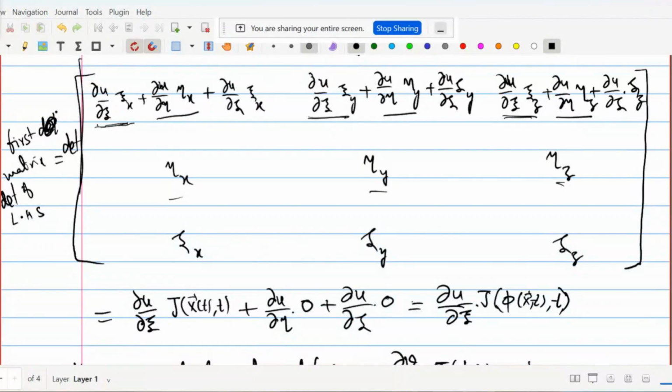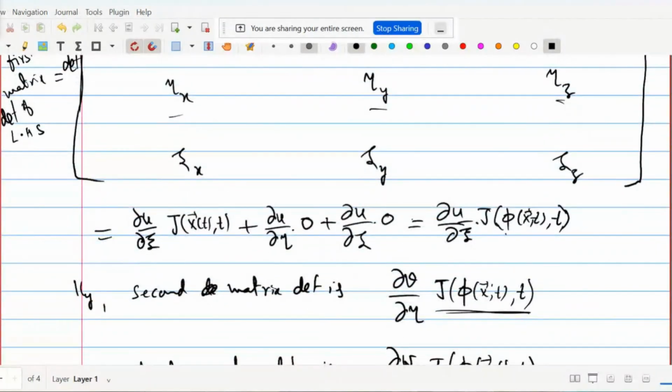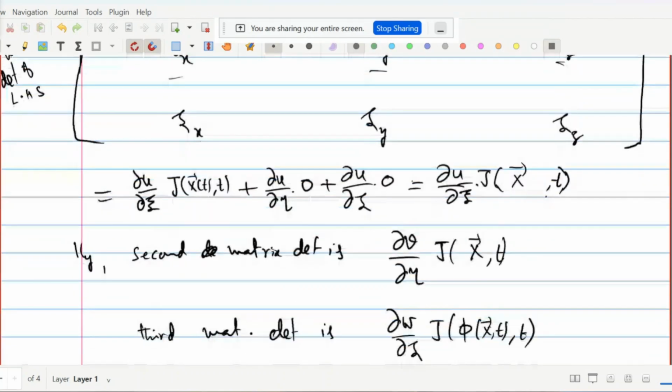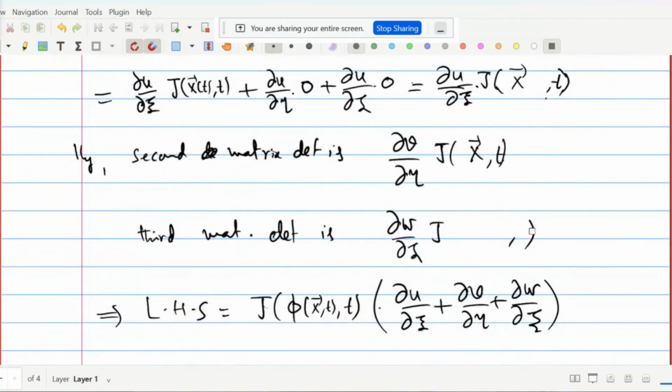So you don't say simply this is fixed here; the only thing fixed is the Jacobian, so this should be only J of x comma t. Ask me if any question here. Don't get confused. We're trying to be a little rigorous so that you remember.